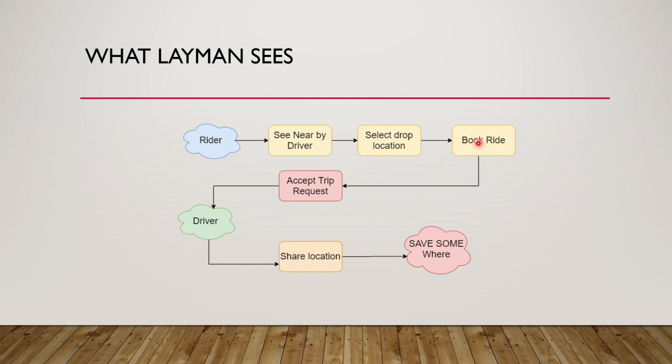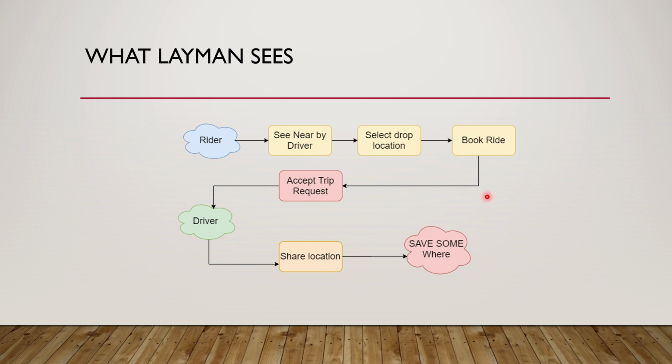So there is some set of APIs and a database involved. The next thing is there should be one more layer of abstraction, or some service which allows the rider to book a ride. These things should strike your mind once you see this layman diagram.